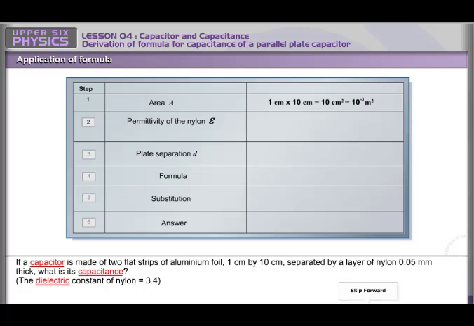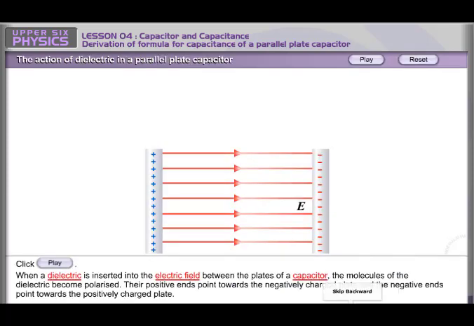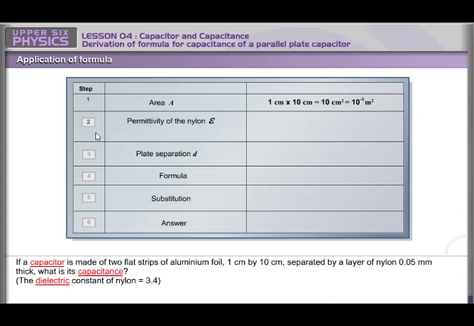The dielectric constant of nylon equals 3.4. Click the play button.